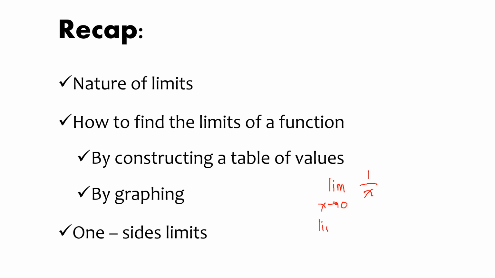What is the limit of 1 over x as x approaches 0 from the left? Meaning we only take values that are lesser than 0. And then you also find the right side limit: what is the limit of 1 over x as x approaches 0 from the right? Meaning we only take values that are greater than 0.